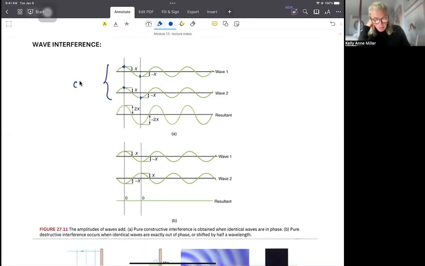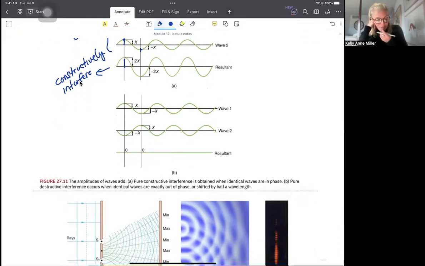So these are referred to as coherent waves. When you have two waves like this, they constructively interfere. Basically, their peaks add, and their troughs add. So if the amplitude of each of these waves is x, the amplitude of the resultant wave would be 2x.